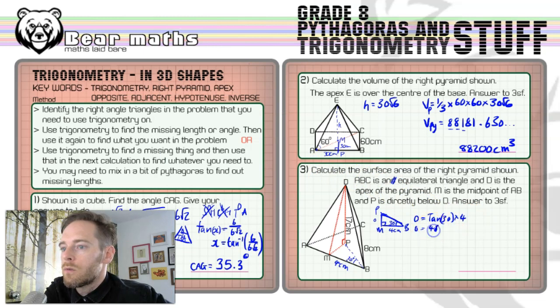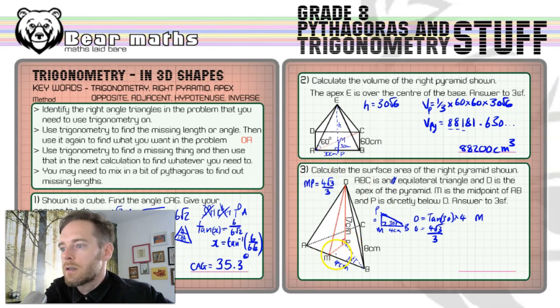So 4 root 3 over 3 is that distance from there to there. M to P is that distance. So let's write that down. In fact, I'll write it over here. MP equals 4 root 3 over 3.